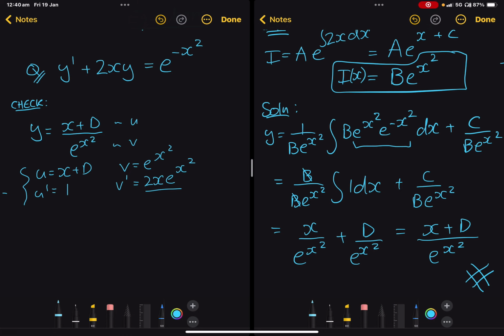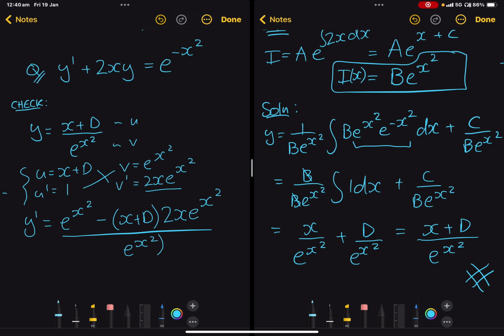Now for our quotient rule, y prime is u prime times v minus u times v prime. u prime times v is e to the x squared, minus u times v prime, which is minus x plus d times 2x e to the x squared, all divided by v squared, which is e to the x squared squared. We're just going to leave it in that form for the time being.